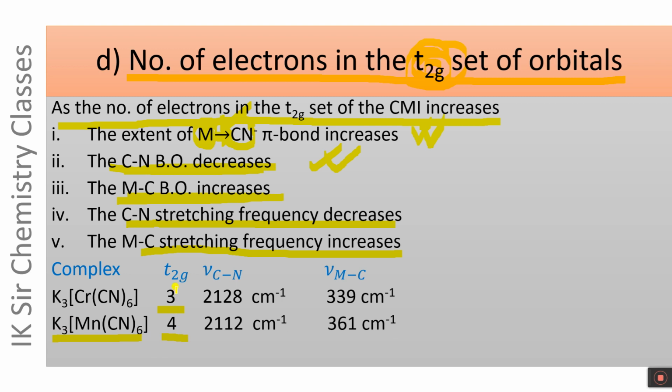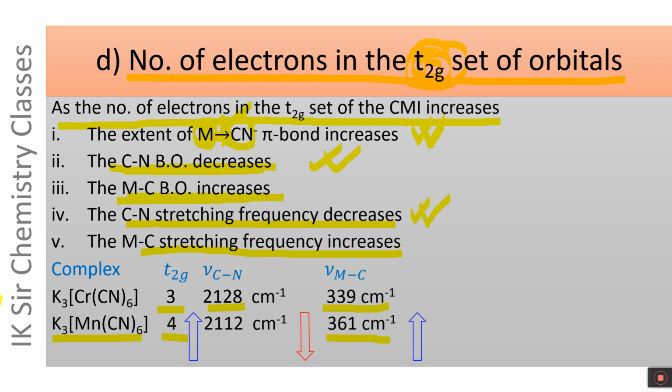The number of electrons in the t2g set has increased from 3 to 4. And as the number of electrons in the t2g set increases, CN stretching frequency decreases from 2128 centimeter inverse to 2112 centimeter inverse, and MC stretching frequency increases from 339 centimeter inverse to 361 centimeter inverse.